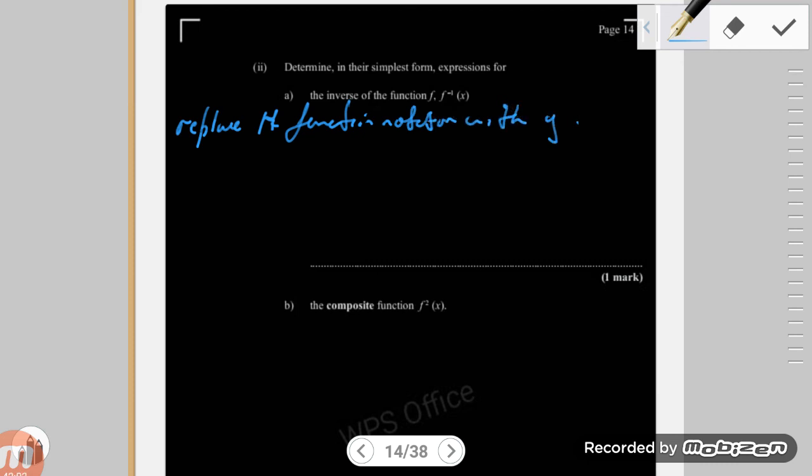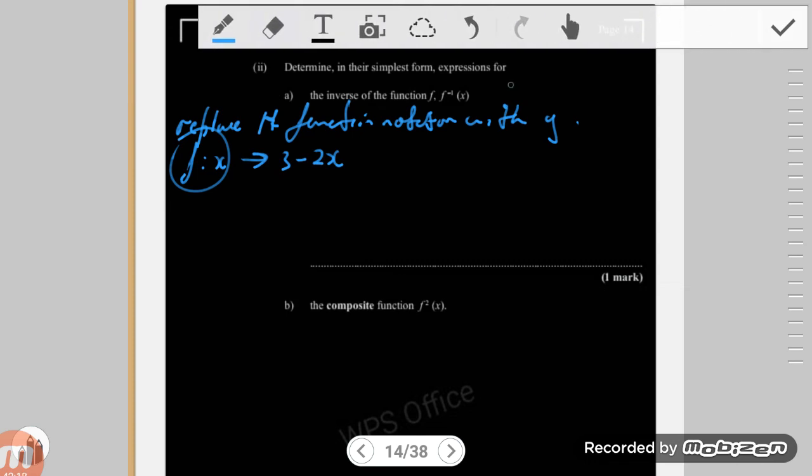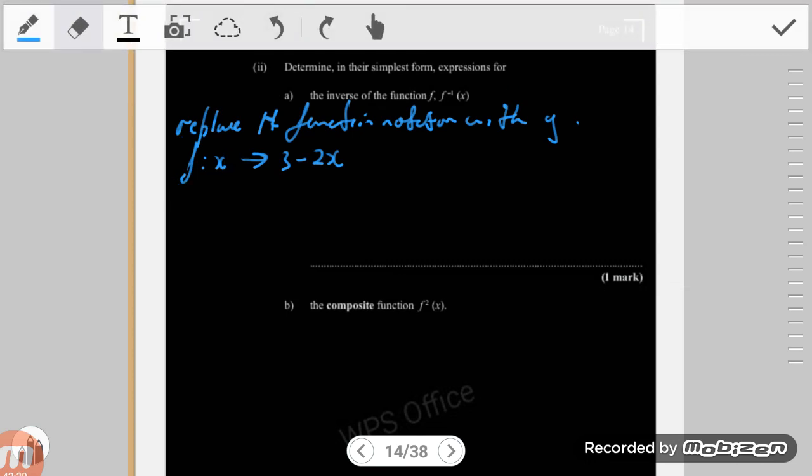So whatever represents the function, we're going to replace that with y. So we know that the function was f at x maps onto 3 minus 2x. So we're going to replace this here with y. So therefore we're replacing the arrow with an equal sign. So y is then going to be equal to 3 minus 2x.